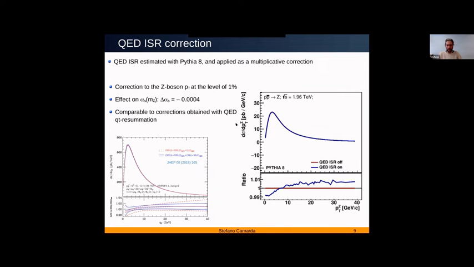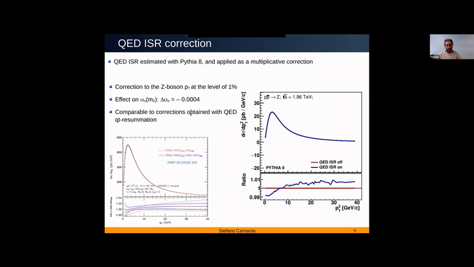An important correction that needs to be added is QED initial state radiation, because DYTurbo is not yet able to do it. So I've used an external beam-to-beam correction from Pythia. You can see here the effect of this correction, which is rather small at the level of 1%, and the estimated effect on alpha S will be delta alpha S 0.0004.